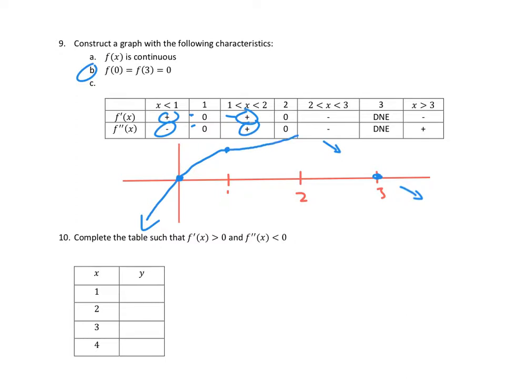Now right here we start to see a problem with the problem. Because if we're at some point at 2, and we've got to now go decreasing, and we've got to be concave up. No, I'm sorry, concave down. So we need to change directions, and it needs to go something like this.